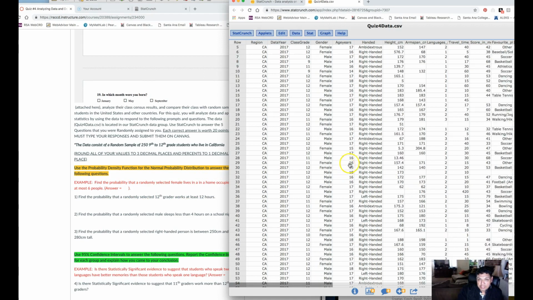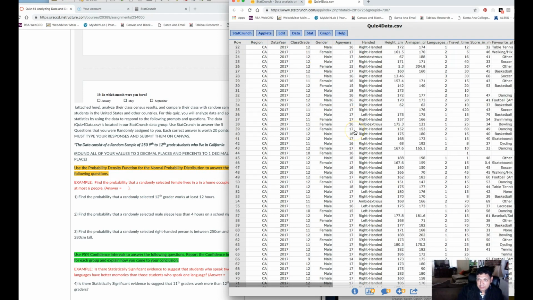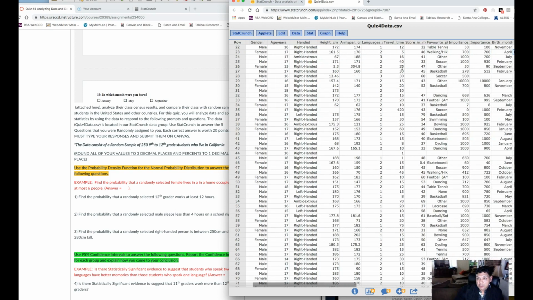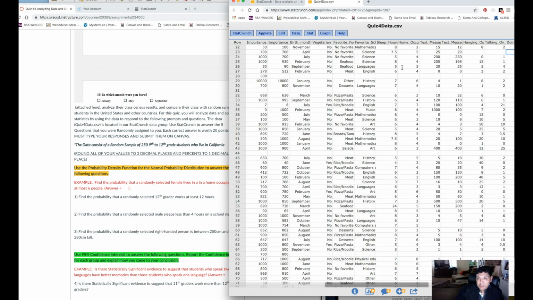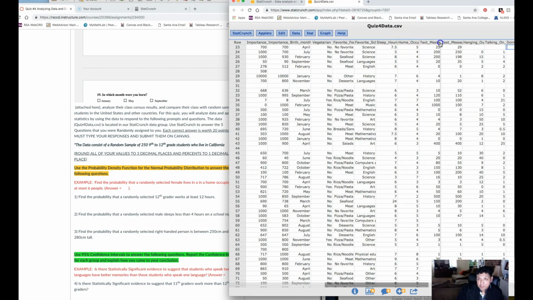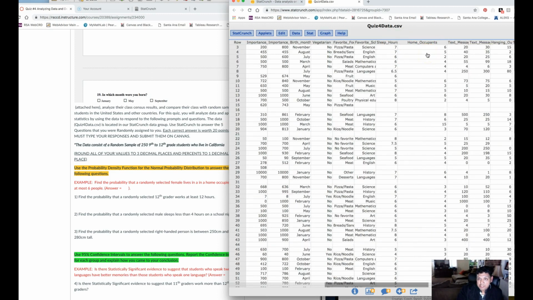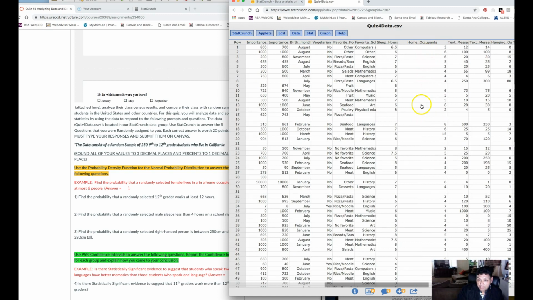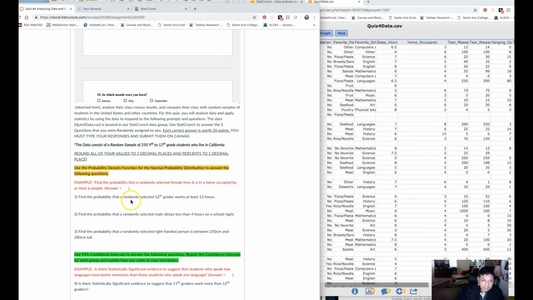In the data I have gender, so males and females. Then if you go along, there's a column called home occupants. This is the number of people that live in their home. What I want to answer is the probability that a randomly selected female lives in a home occupied by at most 6 people.